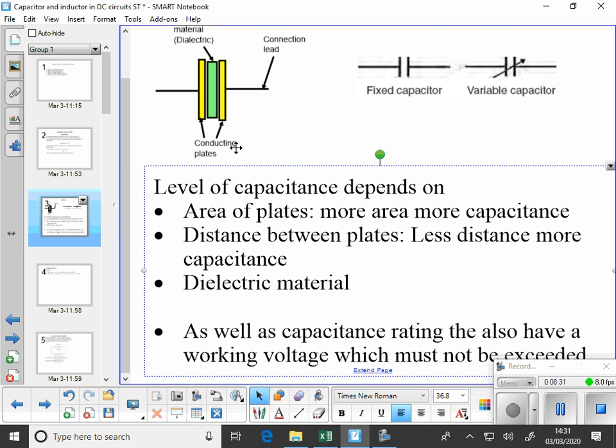Remember we talked about the RMS value, 230 on the mains, but the peak value is closer to 300. So you would need a capacitor rated at 300 volts working for 230 volt AC mains. Okay, and 600 volt is a kind of standard working voltage for 3-phase 400 volt systems. Are you all okay with that? Yeah?